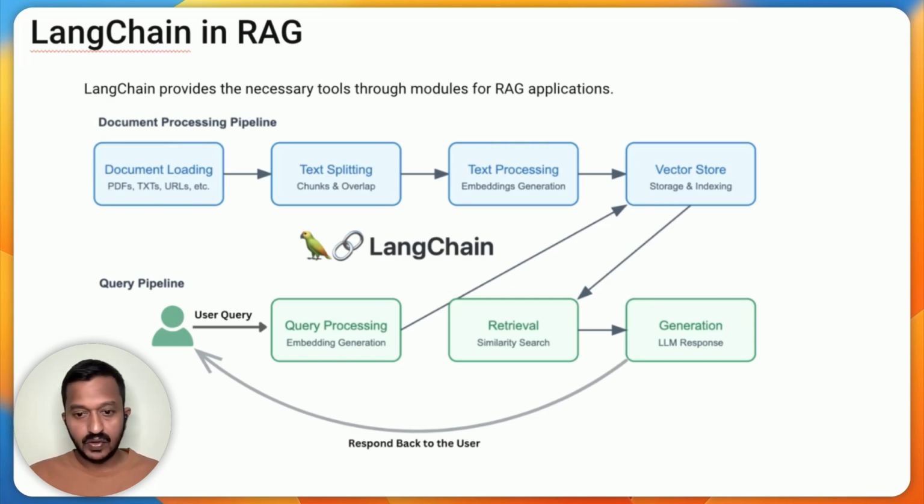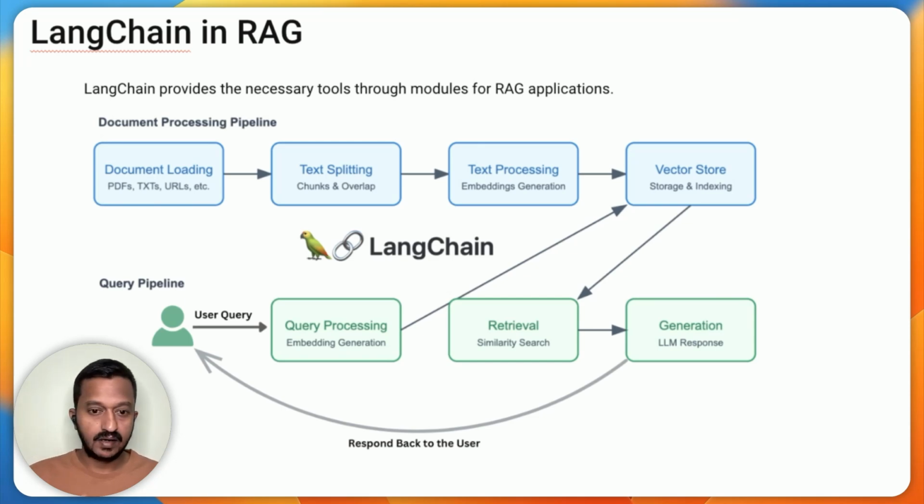And then when a user query comes in, it goes to the vector store to fetch the relevant chunks through the retriever, and then it goes through the LLM model to finally respond back to the user. So at each stage of this whole RAG pipeline, LangChain has the modules and the tools to help you build robust RAG or AI applications.